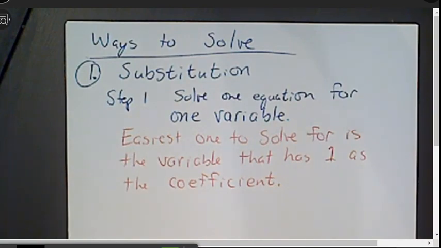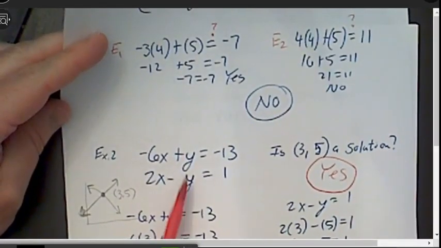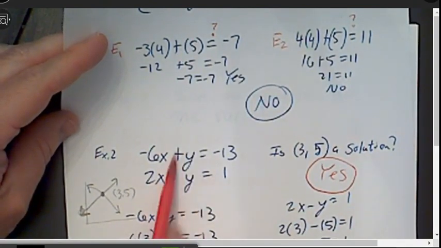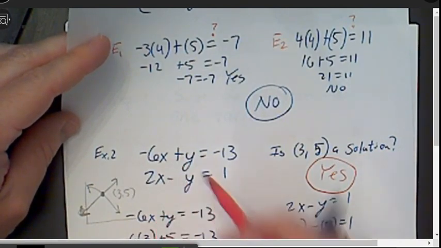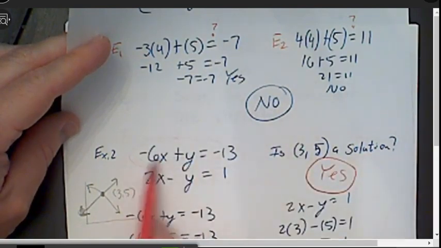So if you see an x that's by itself, or a y that's by itself, that's the easiest. If we go back to that problem we had earlier, you could solve either this one for y or this one for y because they both had a coefficient of 1. Technically, this one was -1, so it would have probably been the easier one to use, because you would just add the 6x back over here and you'd have it solved.